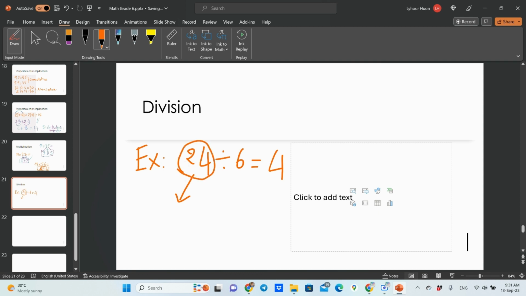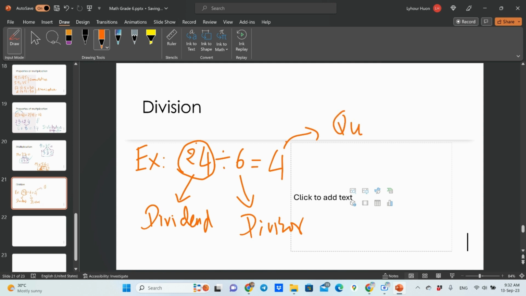It is called the dividend. And this is the divisor, correct? How about the result of division? It is the quotient. Yes, that is called the quotient.